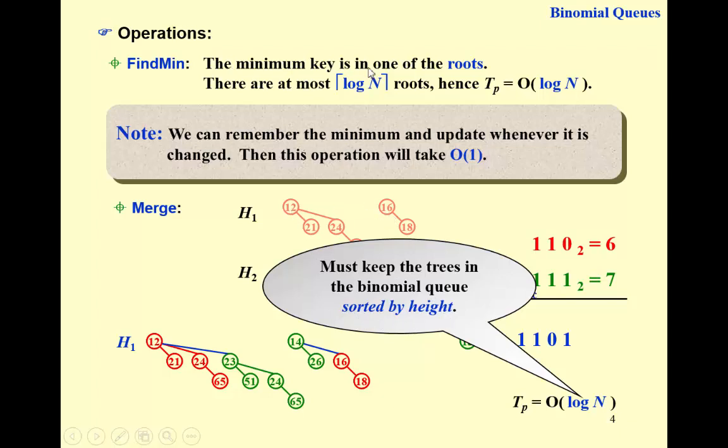That's why we wouldn't sort all the roots and call binary search to find min. Alright, the trees must be sorted, but sorted by their heights, not by the root keys.